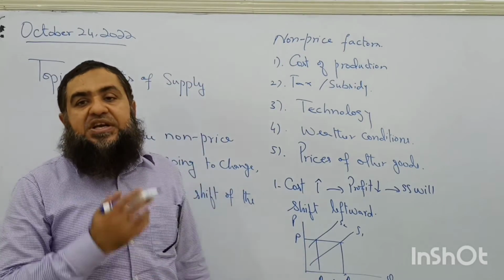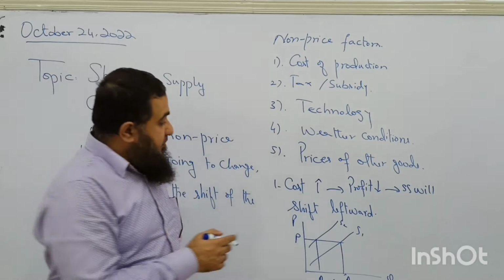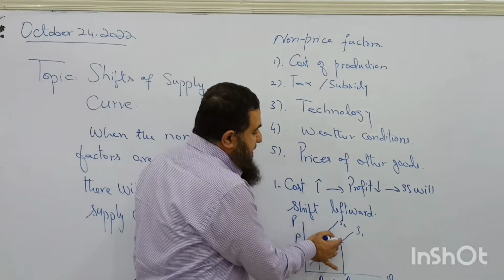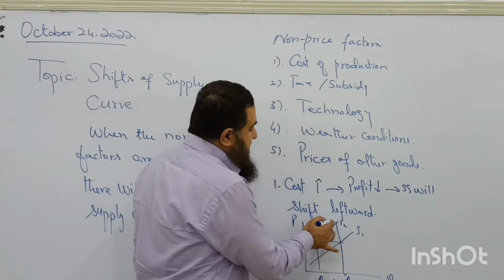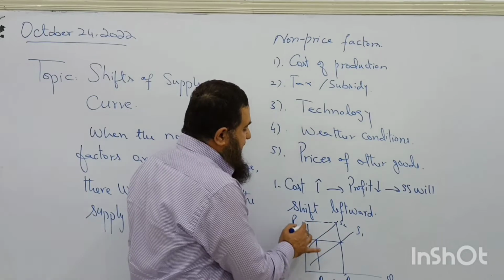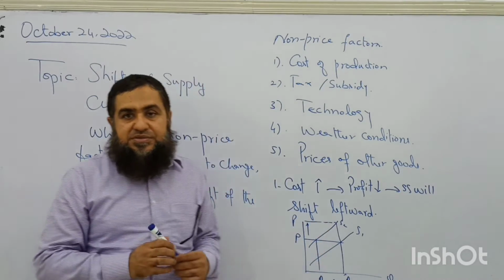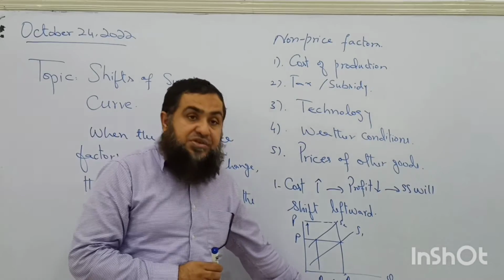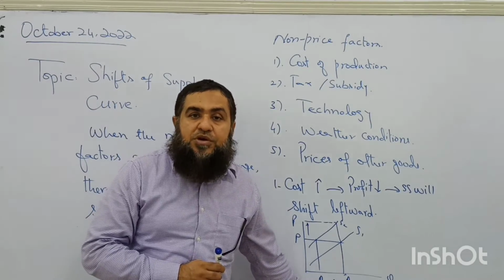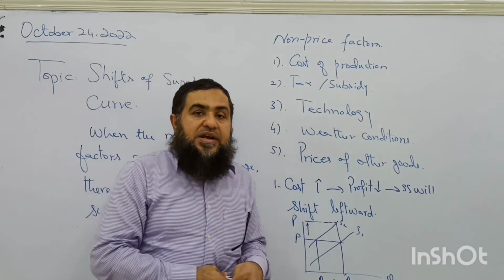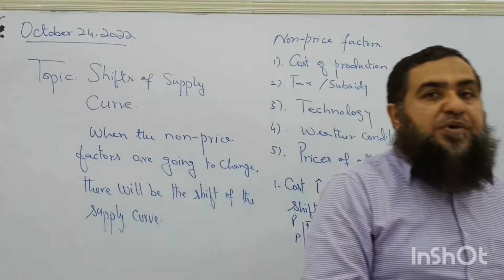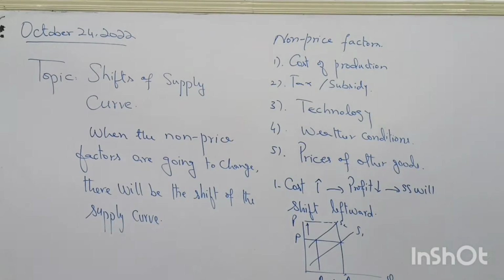If we see vertically, what happens? If the same level of output is supplied by the seller, they will be charging a higher price from the consumers. If they still continue to supply the same level of output, they will be asking for an increase in the price of the product because their cost has increased and their profit level has gone down.